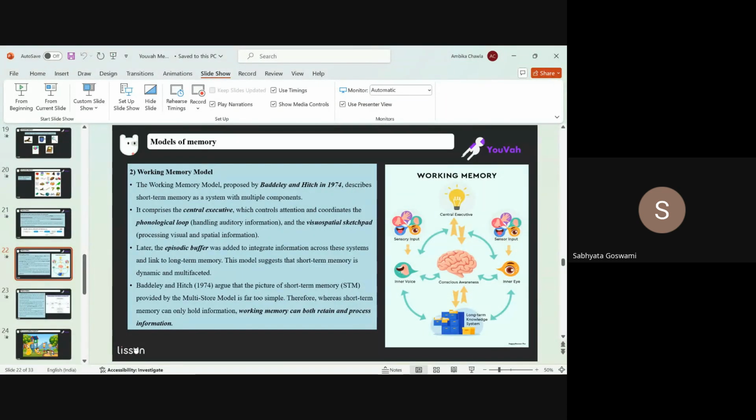The next model of memory is the working memory model. So Baddeley and Hitch in 1974 gave the working memory model, in which they said that short-term memory is a system of multiple components.